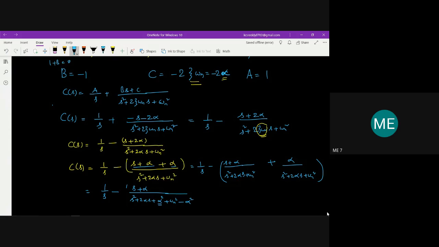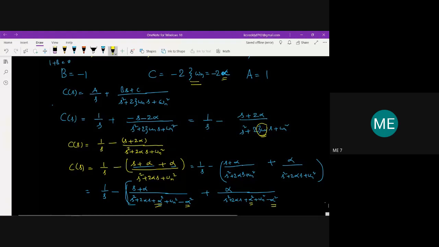And plus alpha by, I'm writing in similar fashion, in the whole square form, that is s square plus 2 alpha s plus alpha square plus omega n square minus alpha square. Because I'm adding this term alpha square and subtracting the same term, it will not affect the original equation.